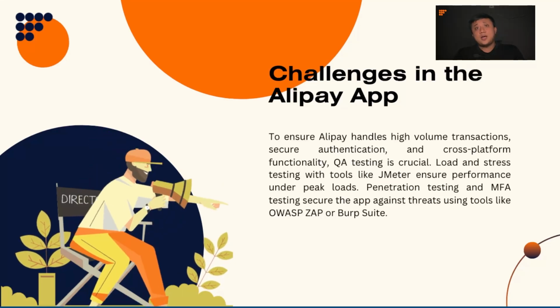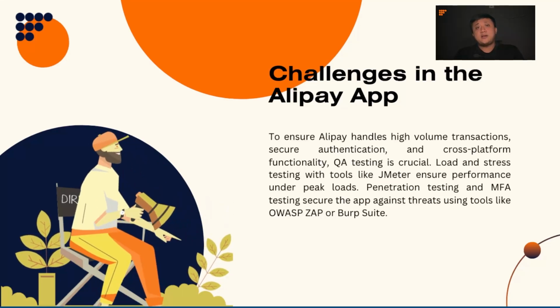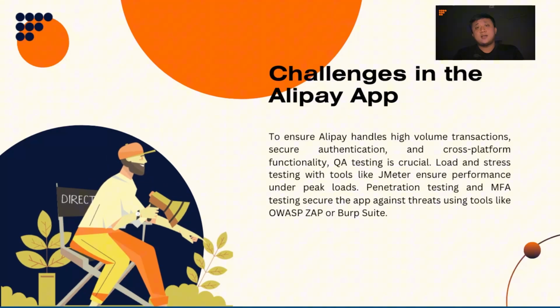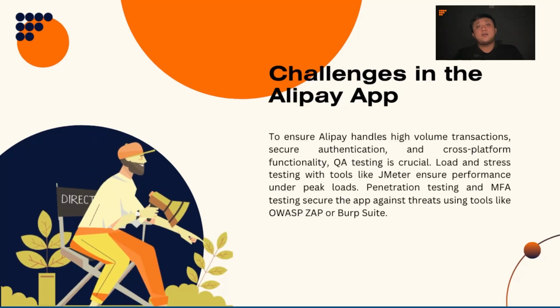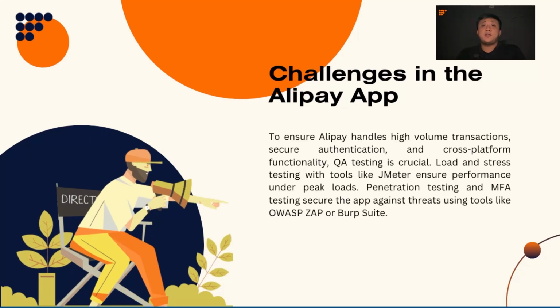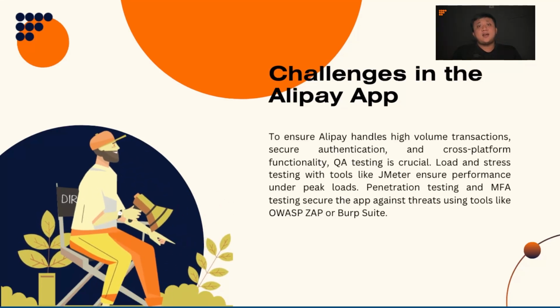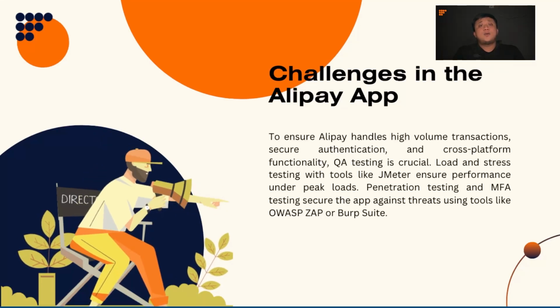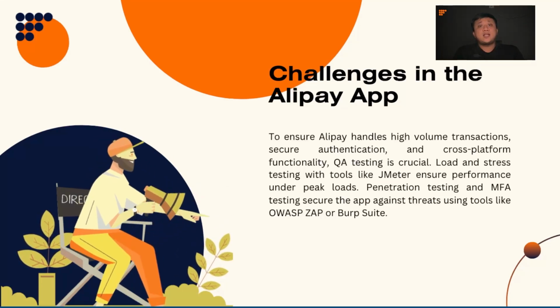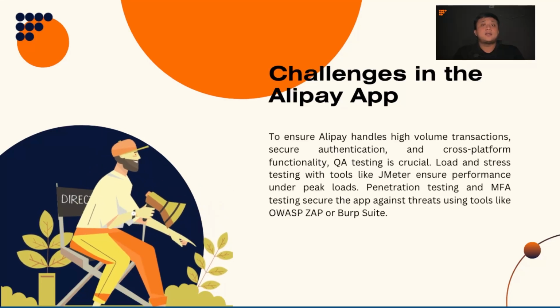For example, JMeter is great for this kind of testing. To ensure secure authentication and protect the app from security threats, consistent penetration testing and multi-factor authentication are essential. OWASP is a tool that can help with these security checks.